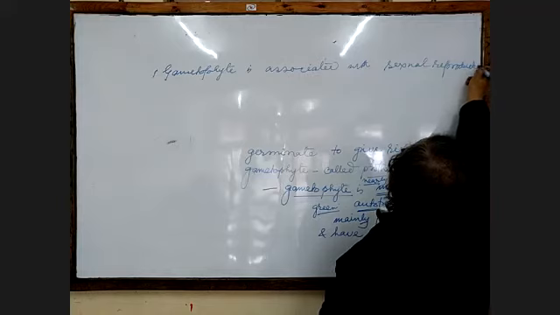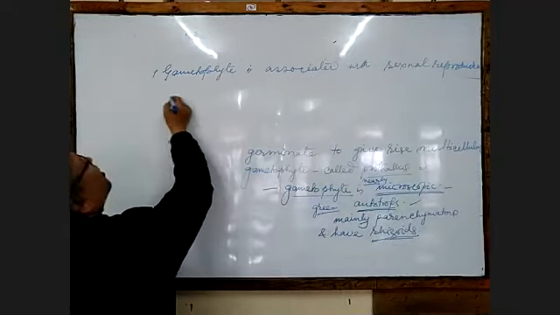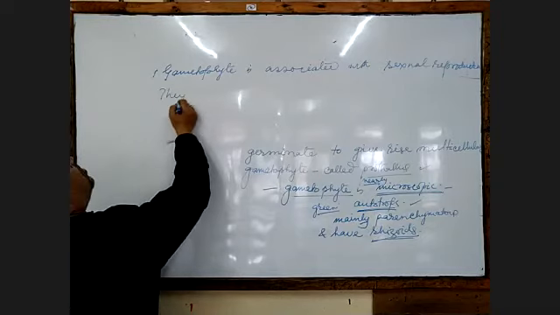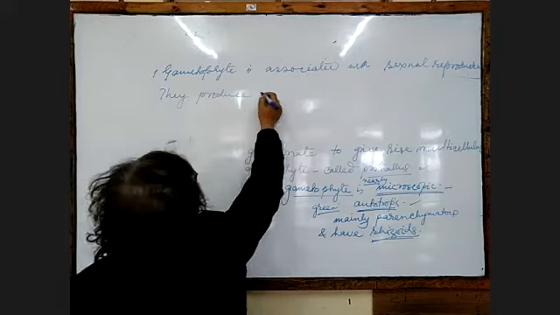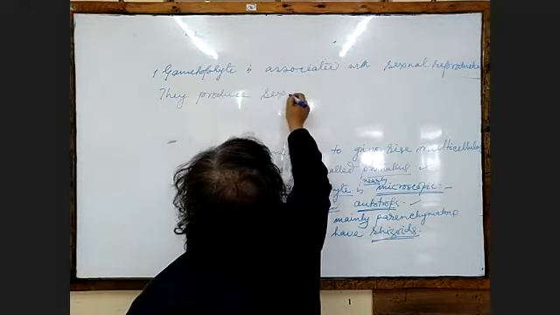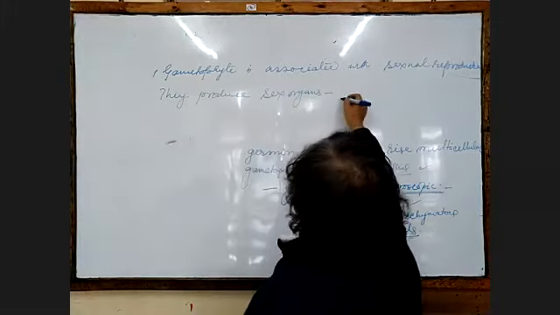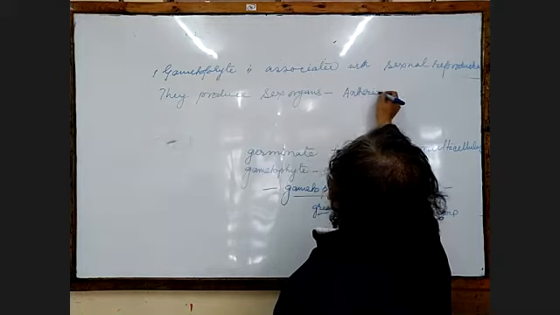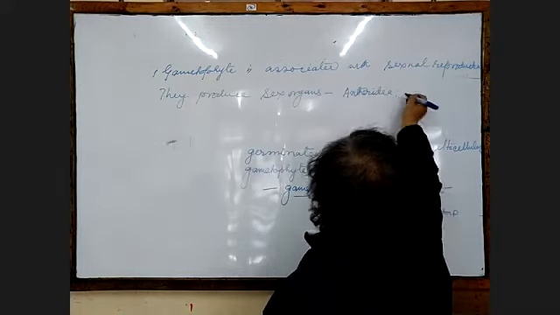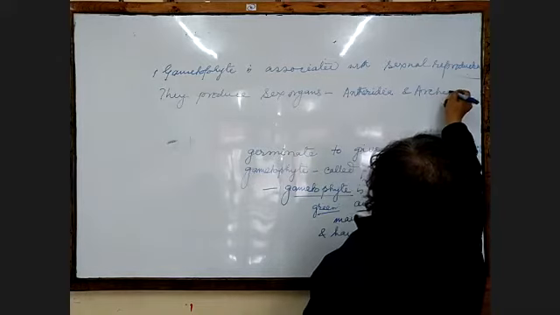They produce sex organs, antheridia and archegonia.